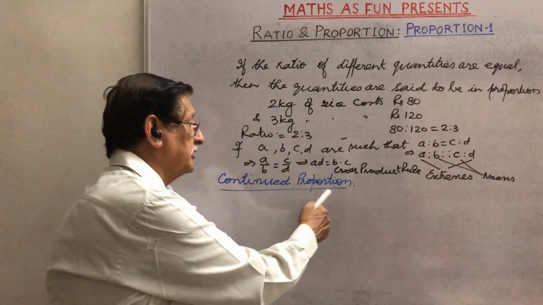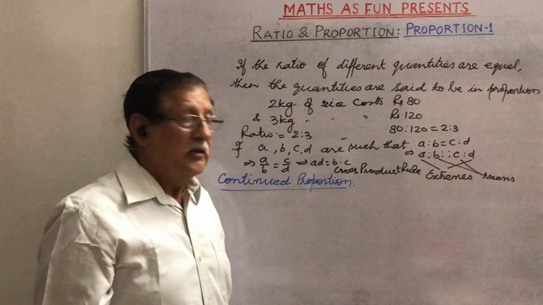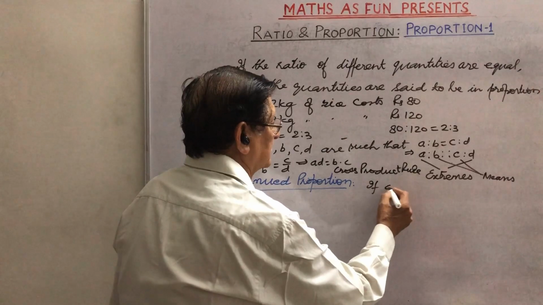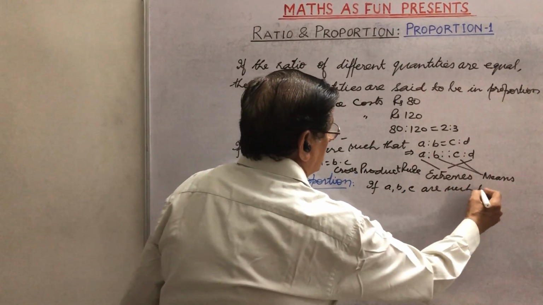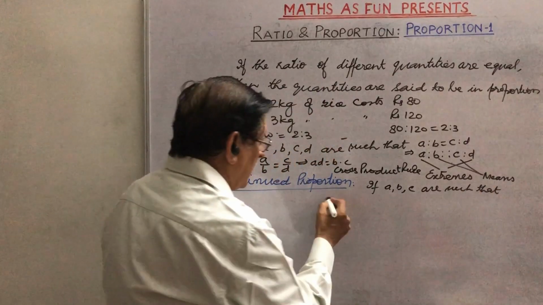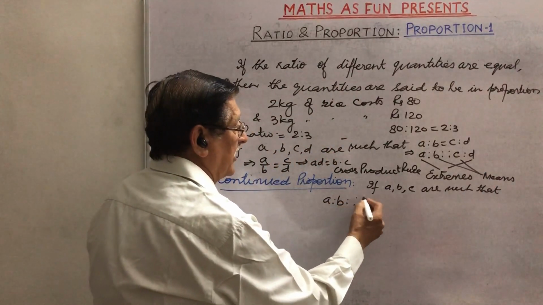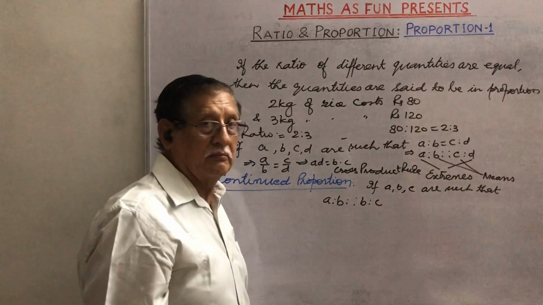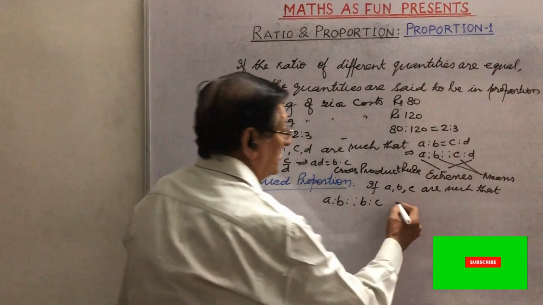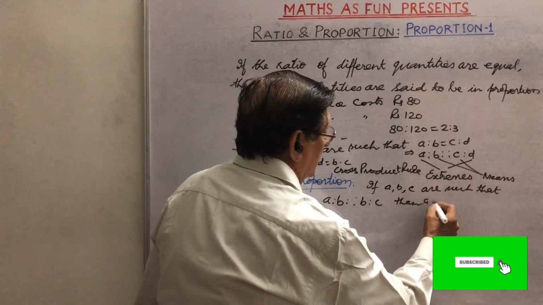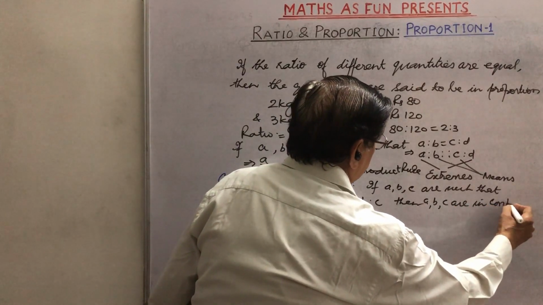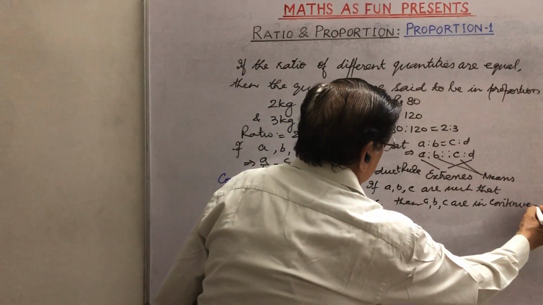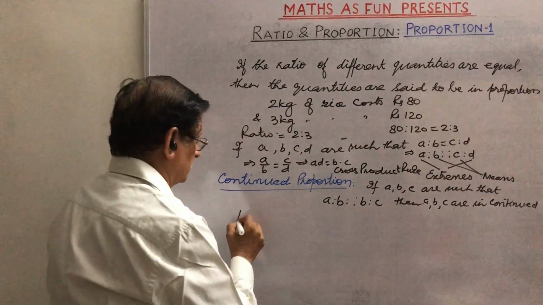Now, what is continued proportion? If we have three numbers A, B, C such that A is to B same as B is to C, then A, B, C are in continued proportion.